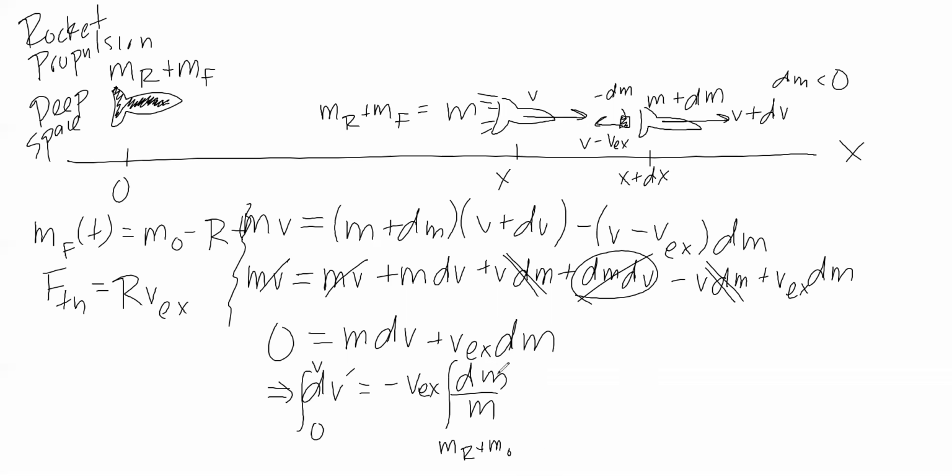The upper limit should be mass of the rocket plus initial mass of the fuel minus Rt. That's what the upper limit should be. And there's also that minus sign.